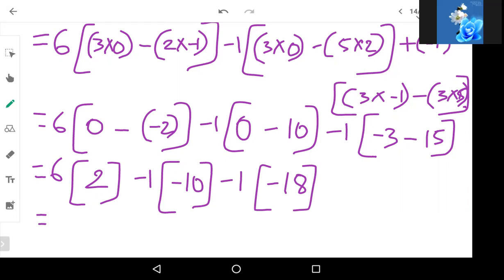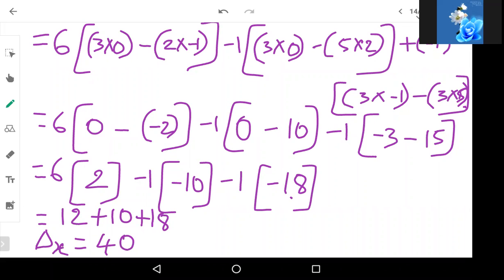Next, 6 twos are 12. Minus 1 into minus 10: 1 tens are 10, minus into minus is plus. Next, 1 into minus 18, so 1 into 18 is 18. Minus into minus is plus. Now what is the total? Delta x is equal to 12 plus 10 plus 18, which is 40.